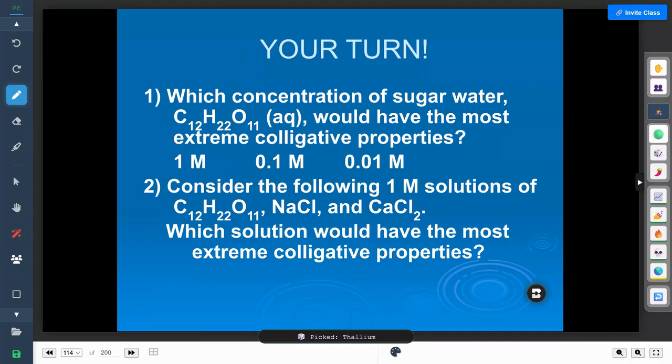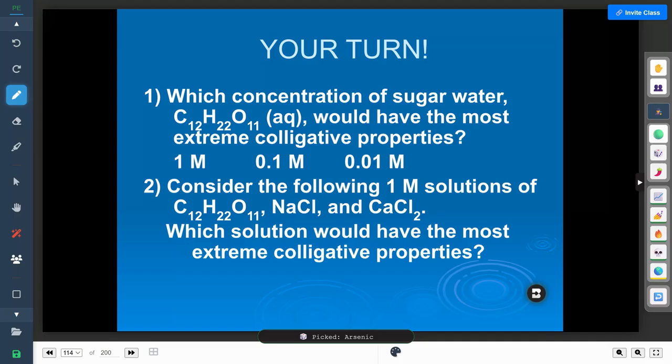Thallium, what do you think the answer is for the first one? 1M. Okay, why? Okay, she said 1 molar, but not exactly sure why. What about arsenic? What do you think?